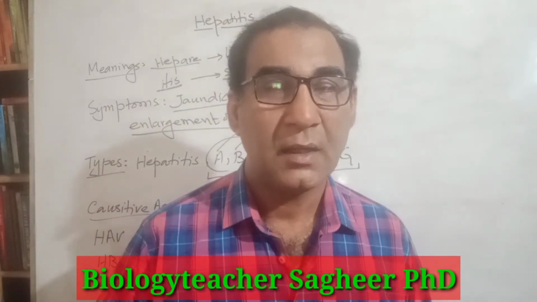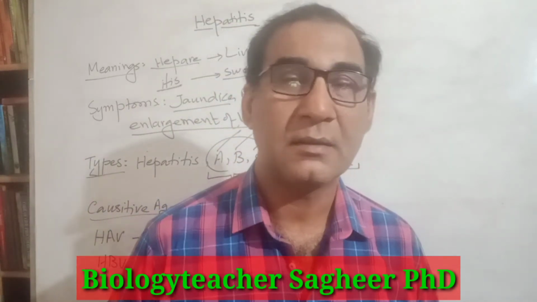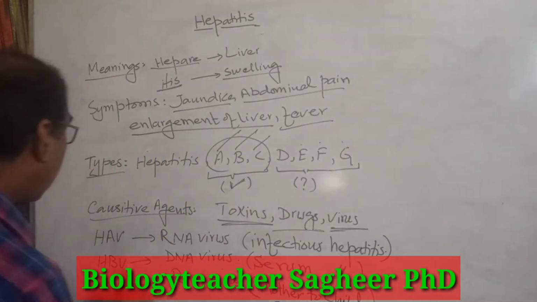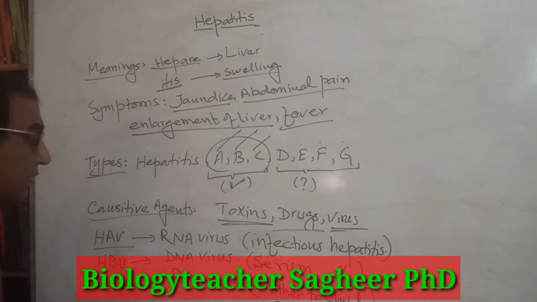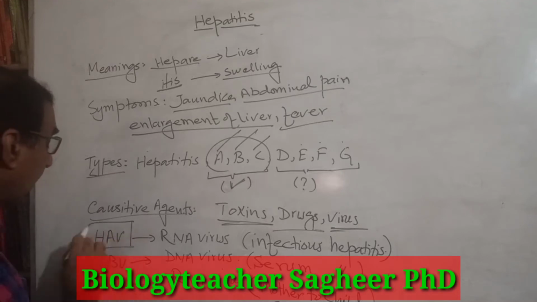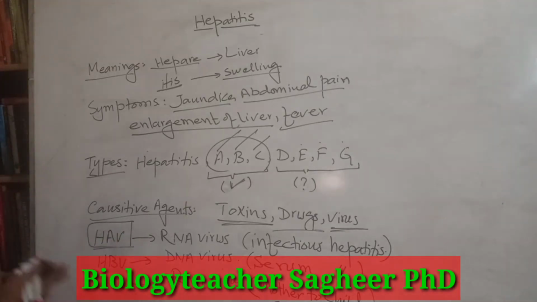On the basis of the viruses, we have classified the hepatitis. One type is that hepatitis which is caused by hepatitis virus A, that is known as what?